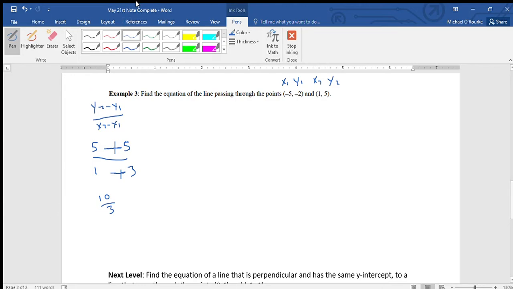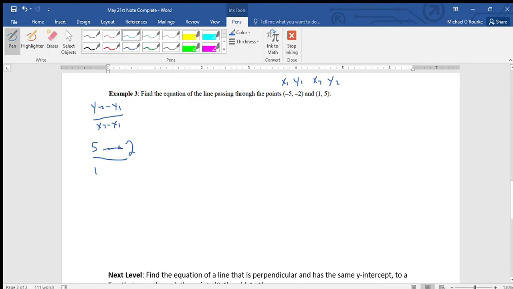Oh, I made a mistake. Let's rewind. I put the wrong numbers in the sections. That should have been minus -2. Now, hypothetically, I should write it like this, but I've kind of made my own trick up that I write it like this.